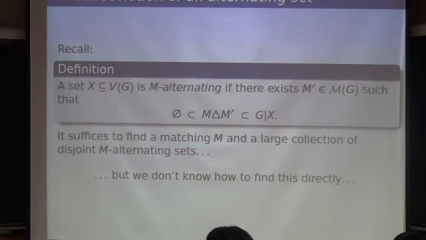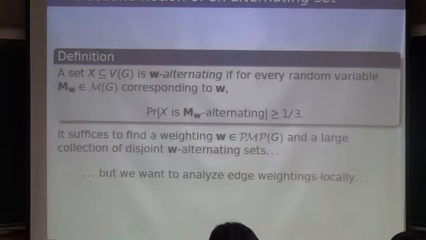Remember, the first notion of an alternating set is something that we define. We fix an M, and then X is an alternating set if there's another matching M prime so that the two matchings are not the same and their difference is contained in X. So what if we start to define alternating sets with respect to edge weightings?